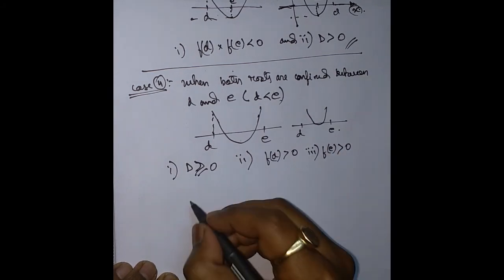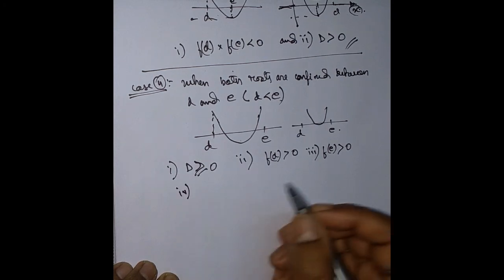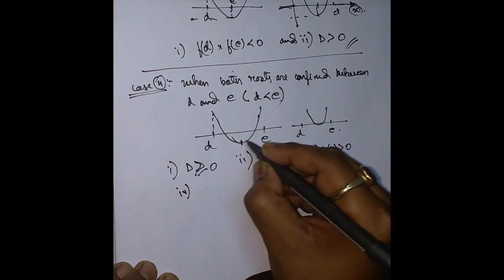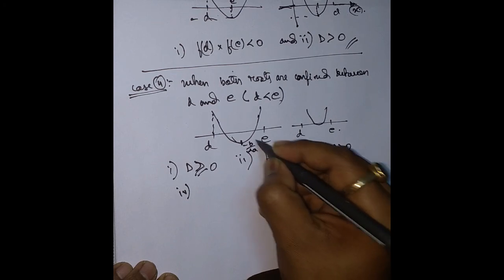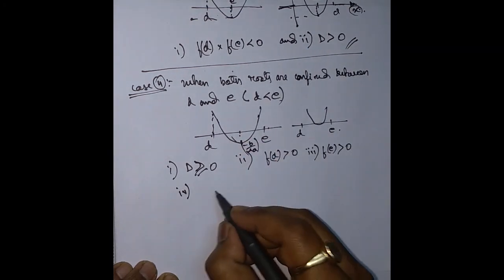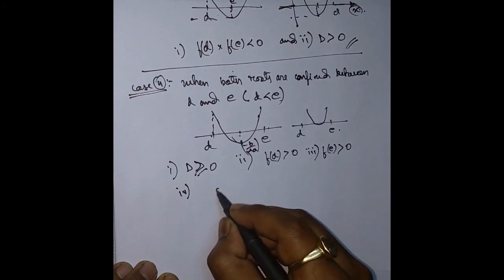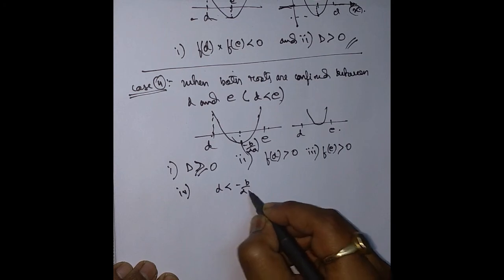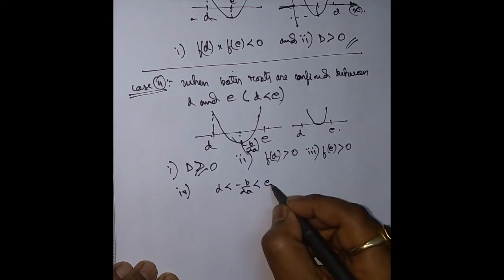And last but not the least, this is important. What is the coordinate of the lowest point here? Minus b by 2a. So the point minus b by 2a lies between d and e. So d is less than minus b by 2a, which is less than e.